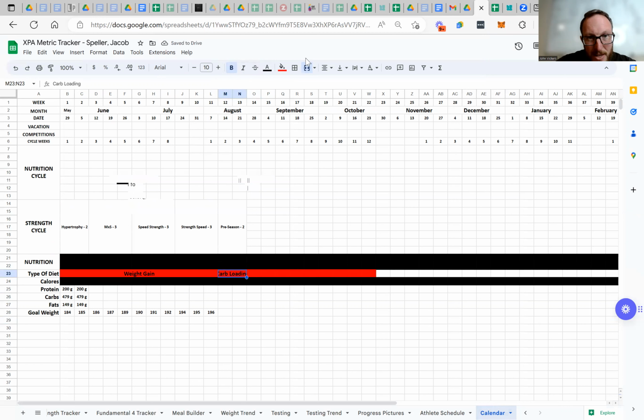We're going to drop the fat intake down, and we're going to raise up the carbs. So we're going to actually raise the carbs to 525 grams. The proteins are going to stay the same at 200 grams.